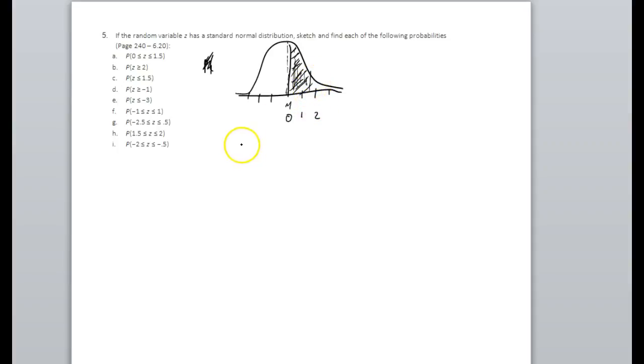And so in order to solve for this, we can say the probability of 0 is less than z is less than 1.5 is just going to be the probability that z is less than 1.5, minus the probability that z is less than 0.